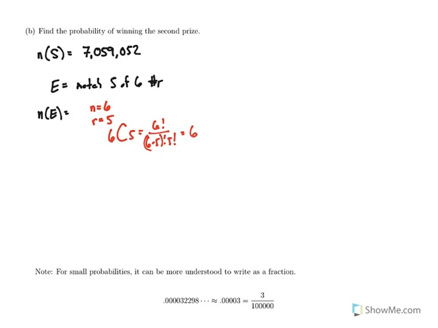But what that represents, these are just the winning numbers. We also need to see how many opportunities there are for the one losing number. So if we match 5 of the 6 winning numbers, there's 6 ways that we could do that. Then there's one losing number, and there are 38 possible losing numbers.